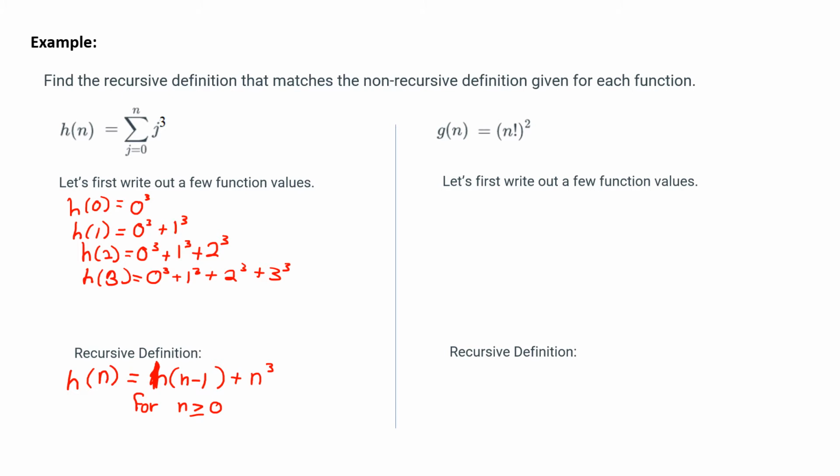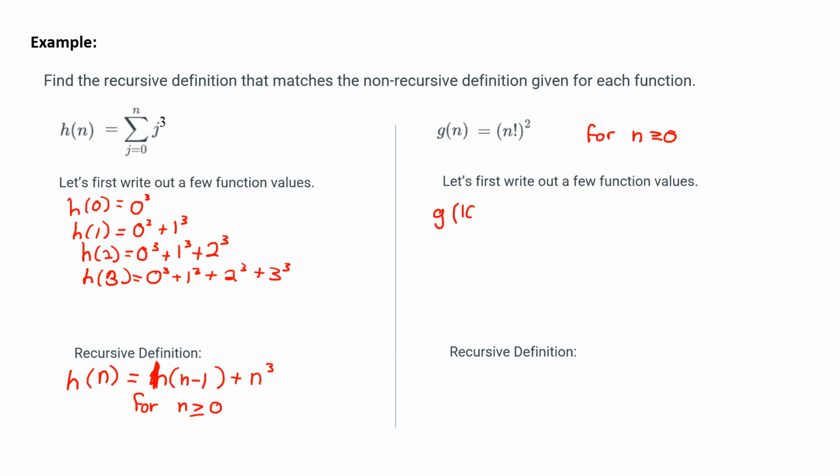Here's another example. G of n equals n factorial squared. Again, let's write out a few terms. It's not telling us where we're starting on this one, so we can start with 0, since normally it would say for n greater than or equal to 0. Instead of starting at really low values like g of 0, let's start with a medium value.